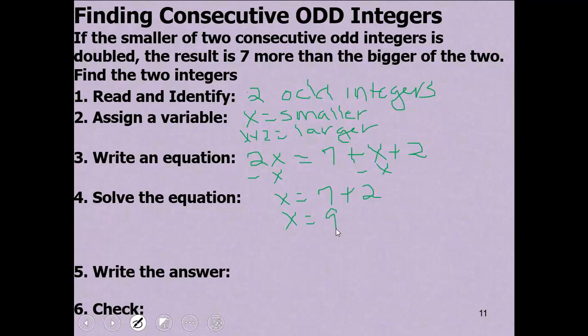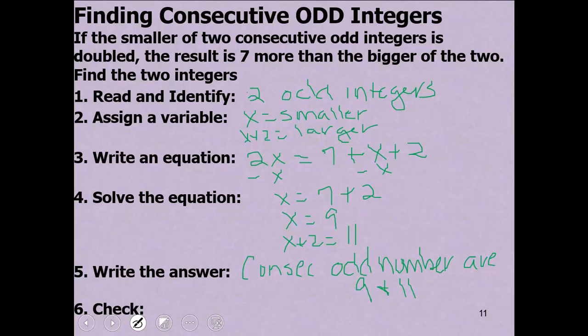The 9 is an odd number, so that's good because that's what we were looking for. And then what's my larger? x plus 2 is equal to 11. So my consecutive odd numbers are 9 and 11.